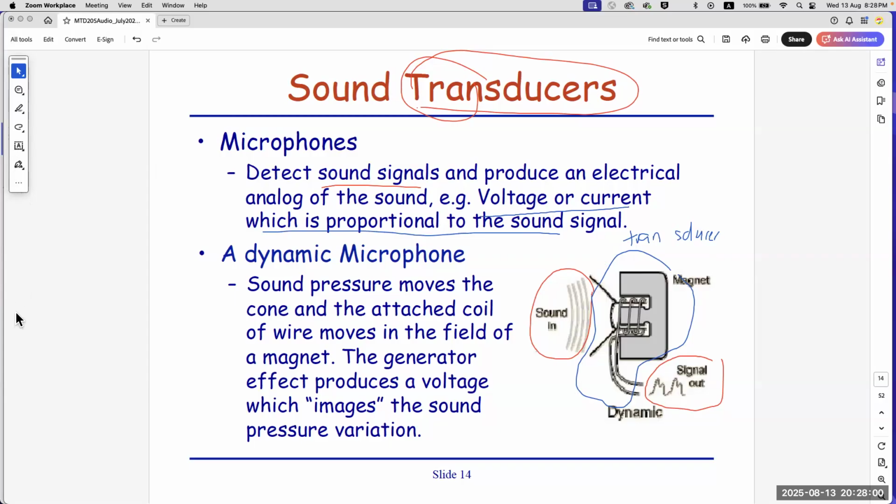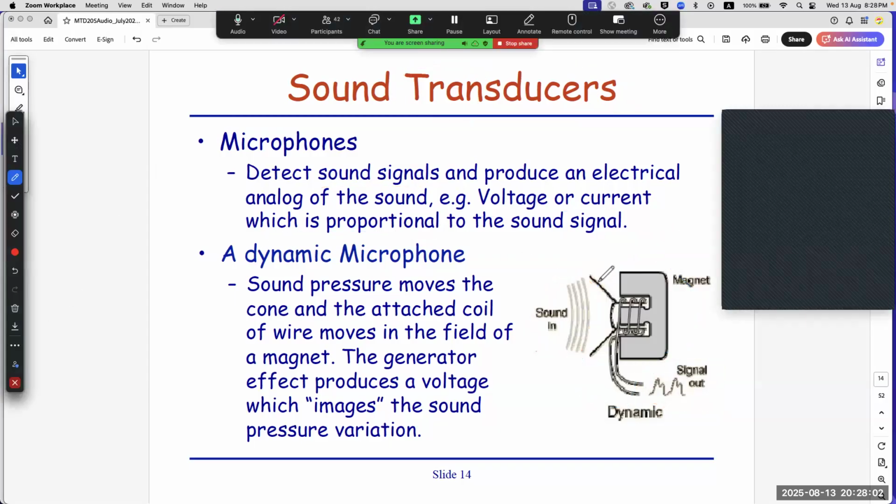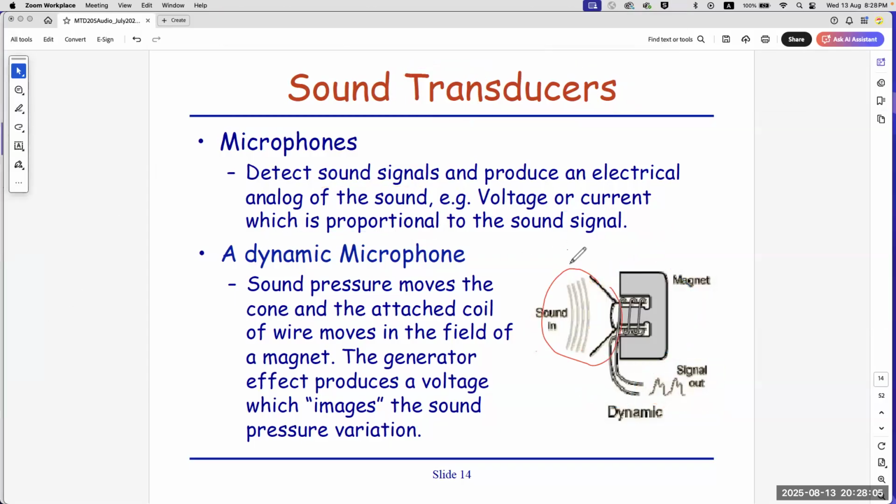So the sound pressure level, SPL, causes vibrations on this wire in the field of a magnet. This is a magnet, and this magnet creates a magnetic field. Like poles repel, unlike poles attract.